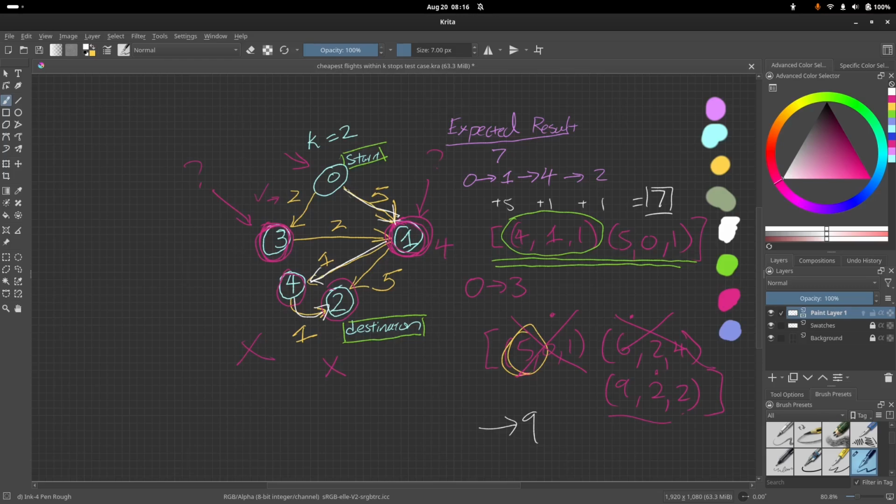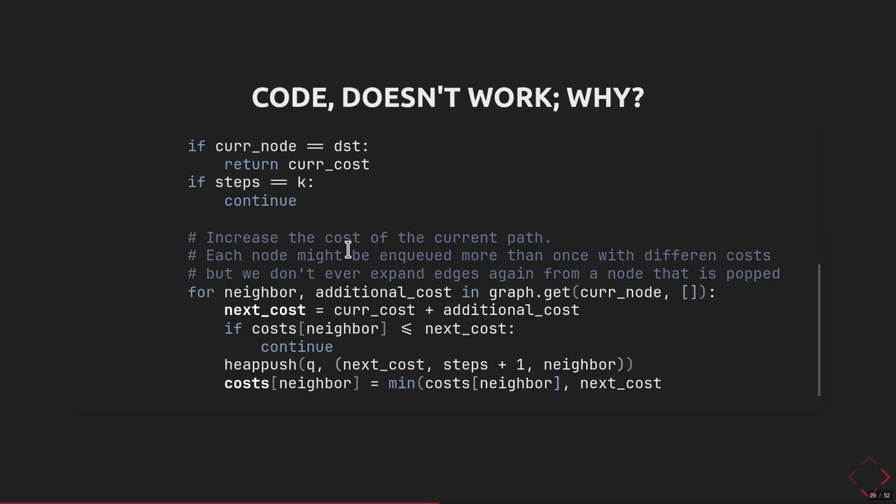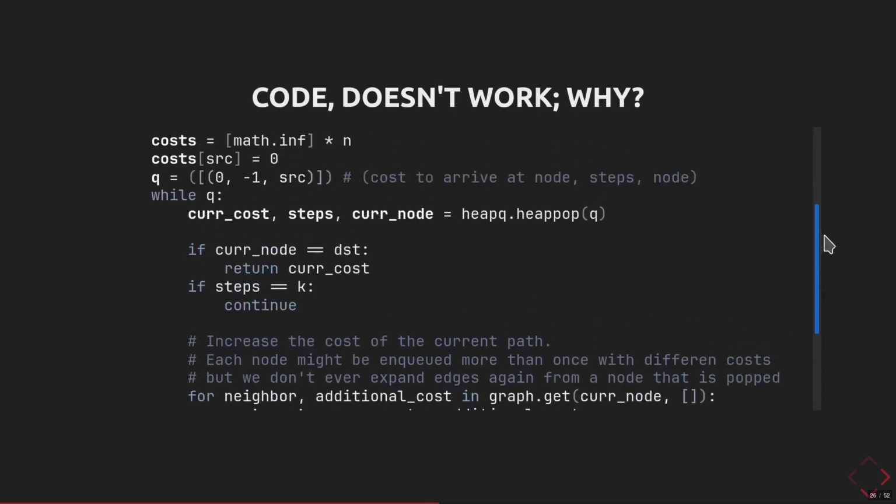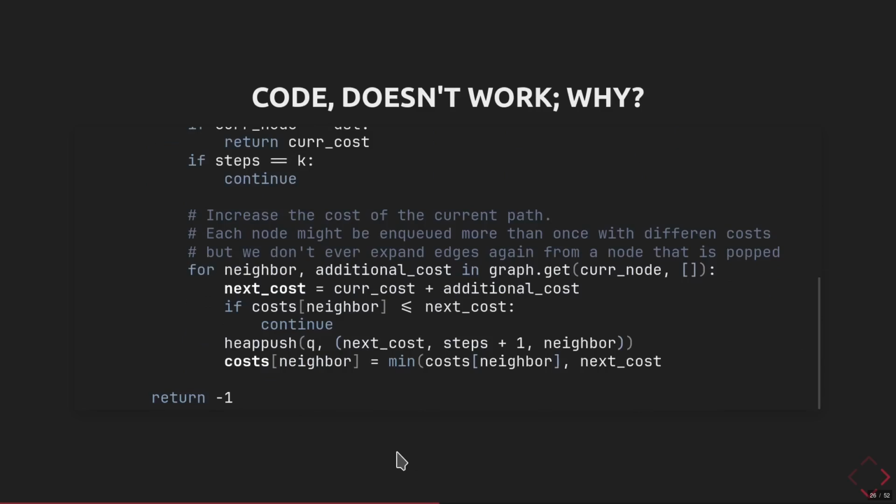The crucial thing was we needed to take this edge, this 5 cost edge, even though it cost more, so that we had access to more routes in the future. We then needed to take this 4 as an intermediary. But when we took this 3 and this 1, we weren't able to use this 4 as an intermediary anymore, okay? That's the key reason why this solution fails.